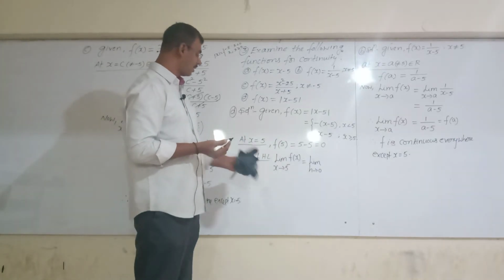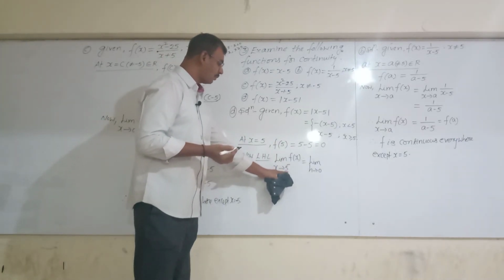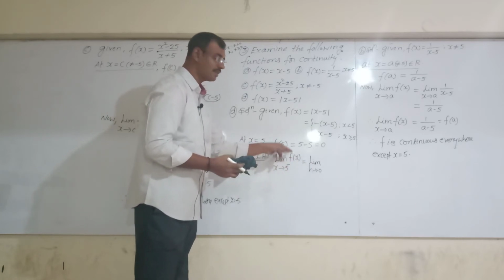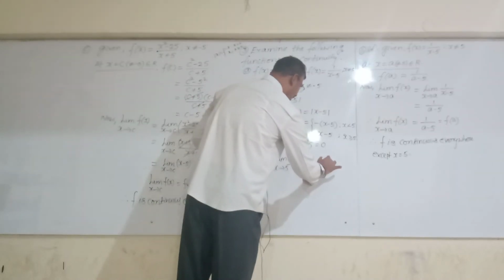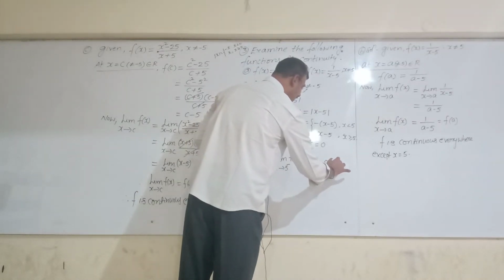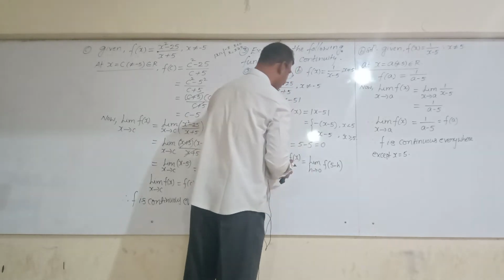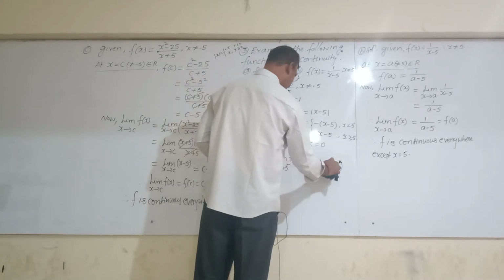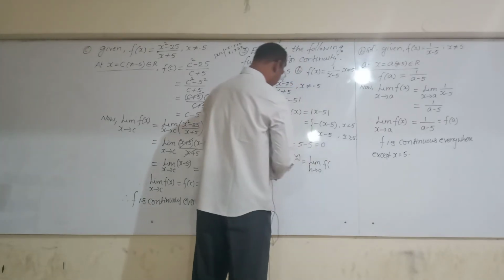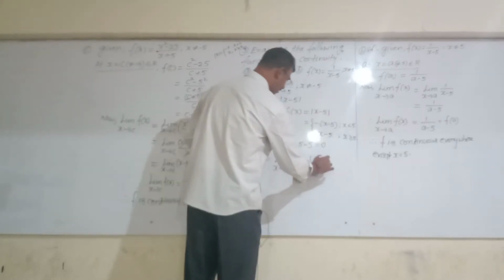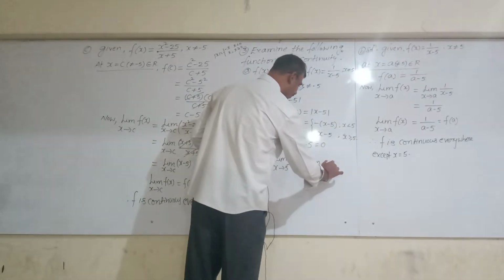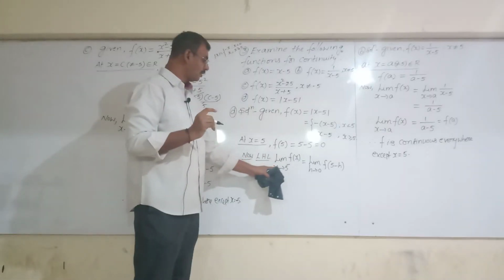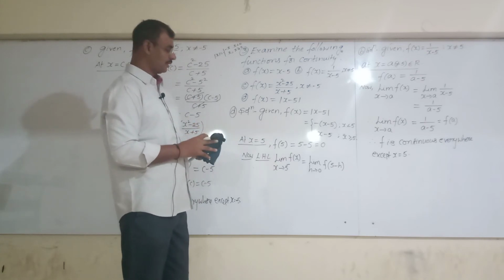Very nice method this is. As x approaches 5 minus, h tends to 0, f of x changes to f of 5 minus h. Okay, as h tends to 0, the x value becomes 5 minus h only.